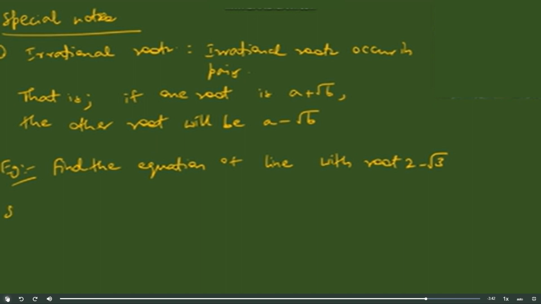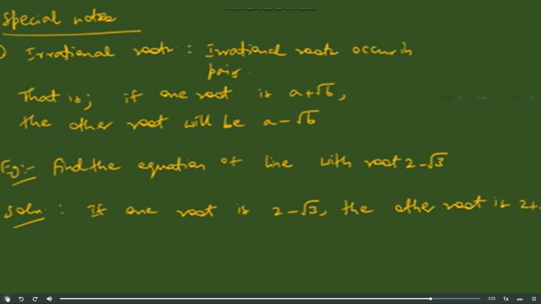So the solution, write along with me. If one root, this is irrational, root 3 is irrational. If one root is 2 minus root 3, the other root is 2 plus root 3.